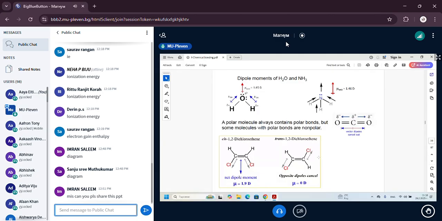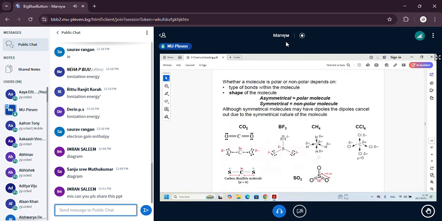More examples of polar and non-polar molecules. Usually, symmetrical shape of molecule arises in non-polar molecules, and asymmetrical shape gives polar molecules.